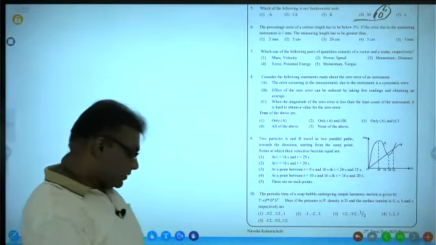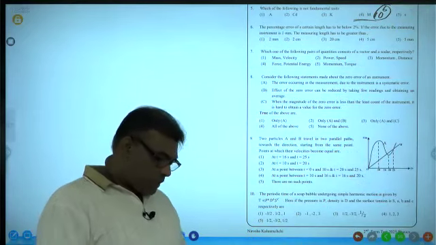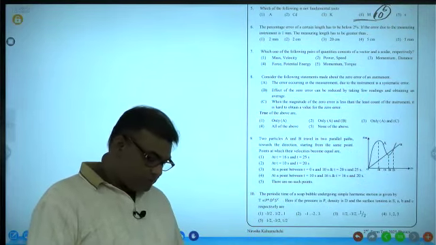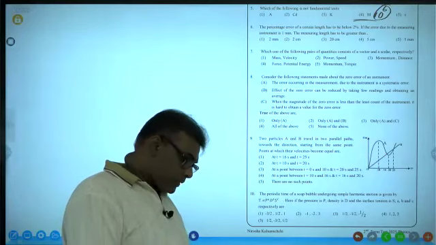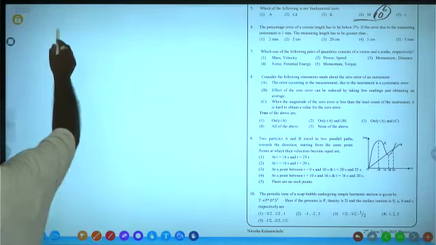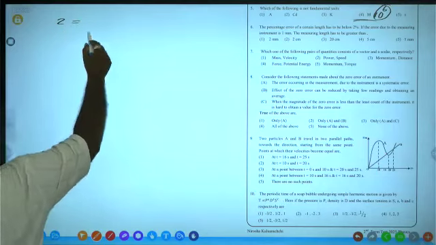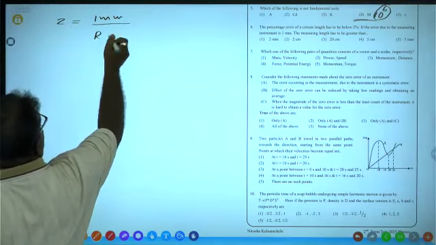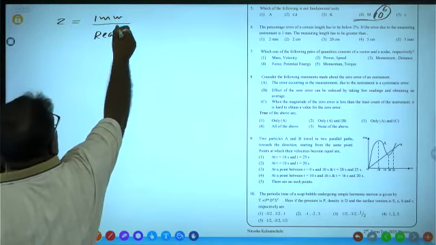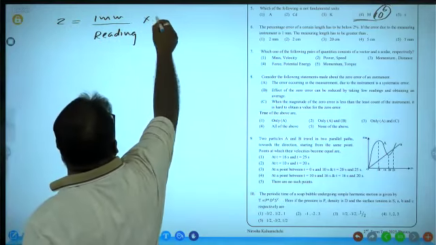Okay, number 6. The percentage error of a certain length has to be below 2%. Percentage error is basically written as least count divided by reading, multiplied by 100.